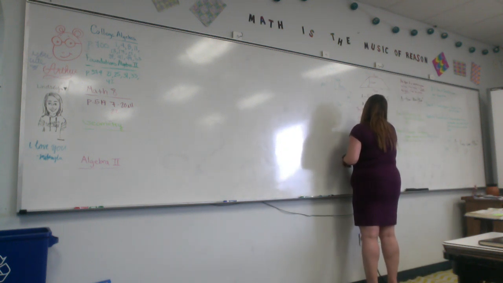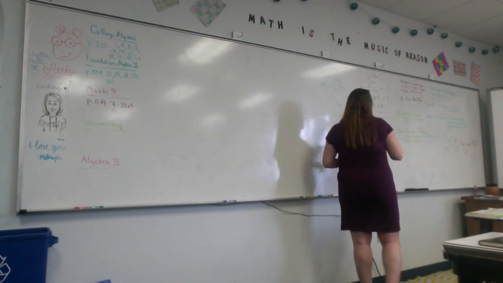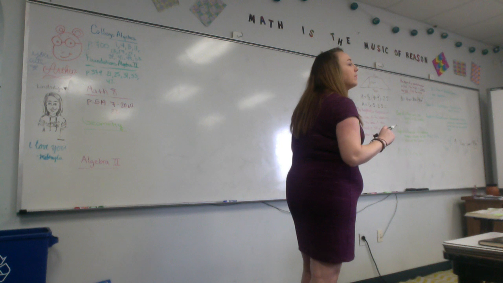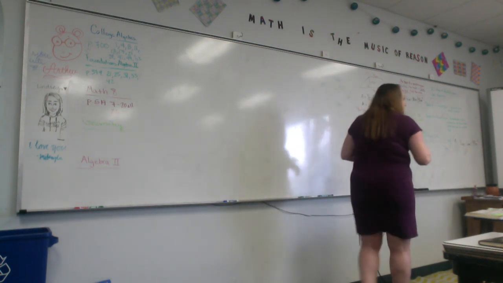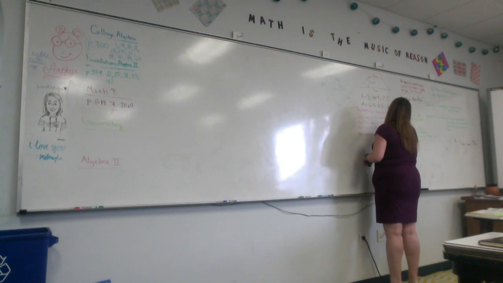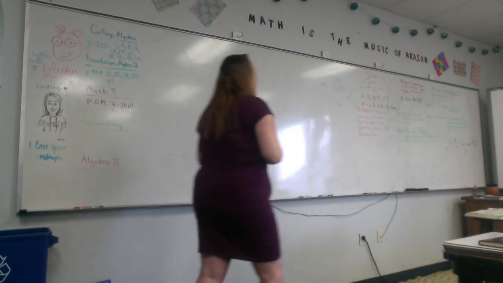And 6.5 times 2.5 gives me 16.25. And the units? Centimeters squared, because I have to have a unit of measure. That's how you set up finding the area of a trapezoid.